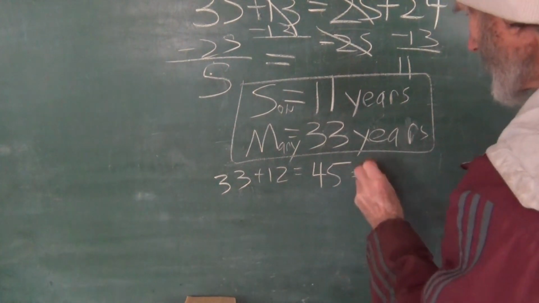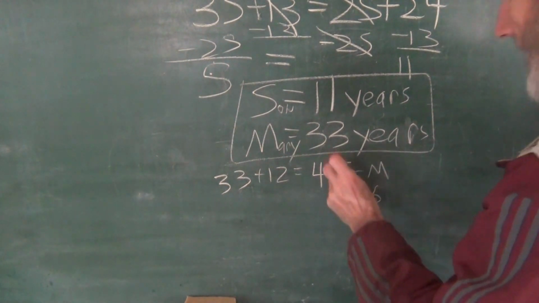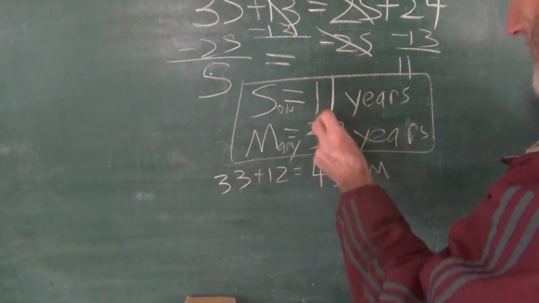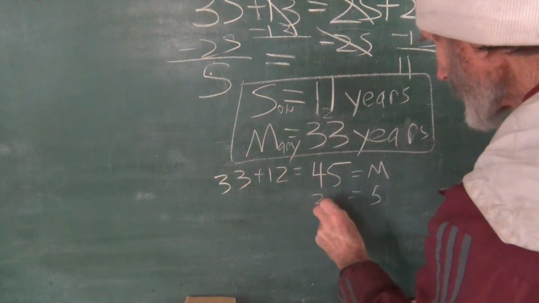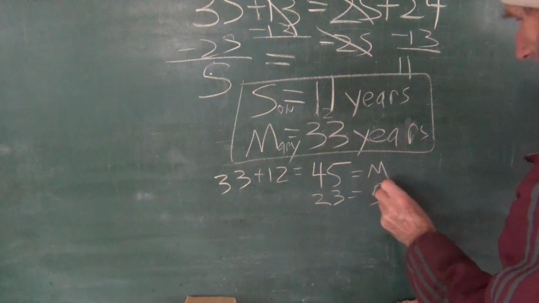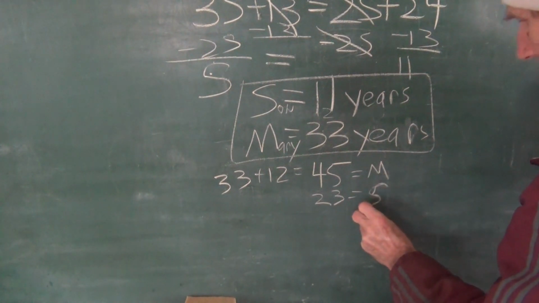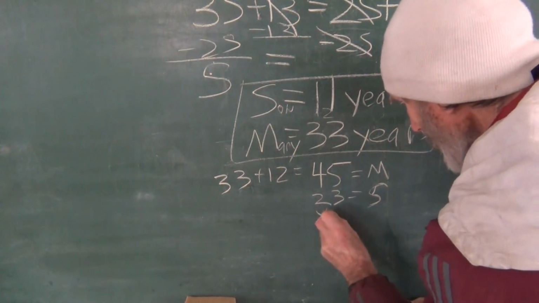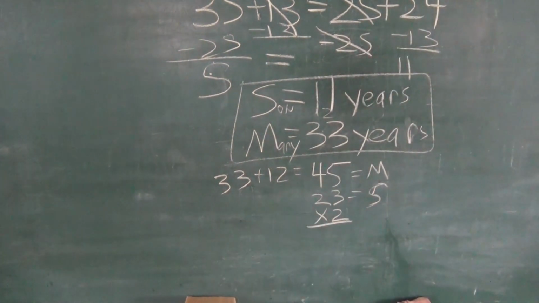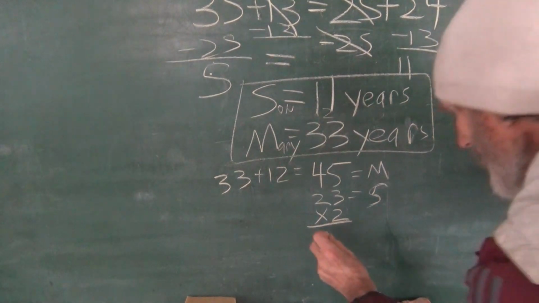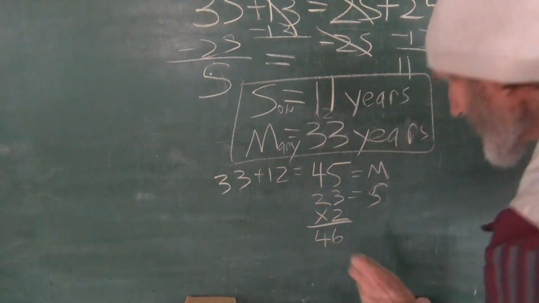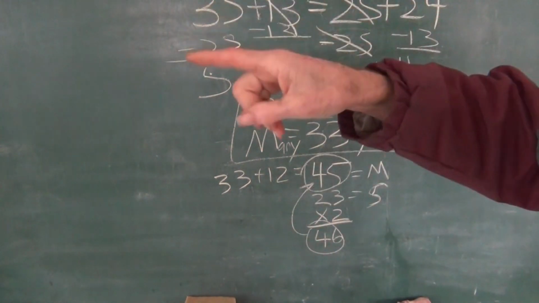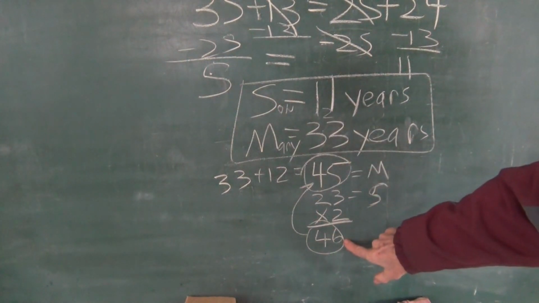So s is going to be 11 plus 12, which equals 23. But actually, it's not the son's age you want, it's going to be twice the son's age. So we've got to multiply 23 times 2, and that equals 46. Which is 1 more than 45, which is exactly what it says. She'll be 1 year less than twice his age.